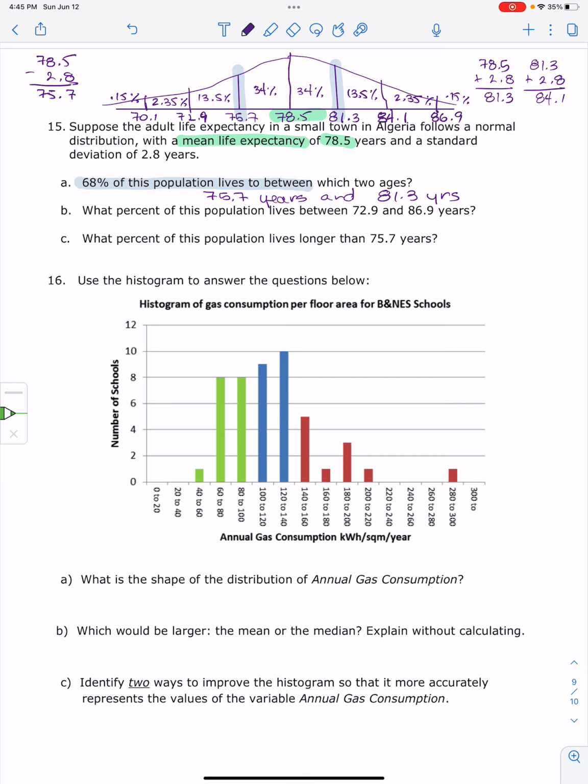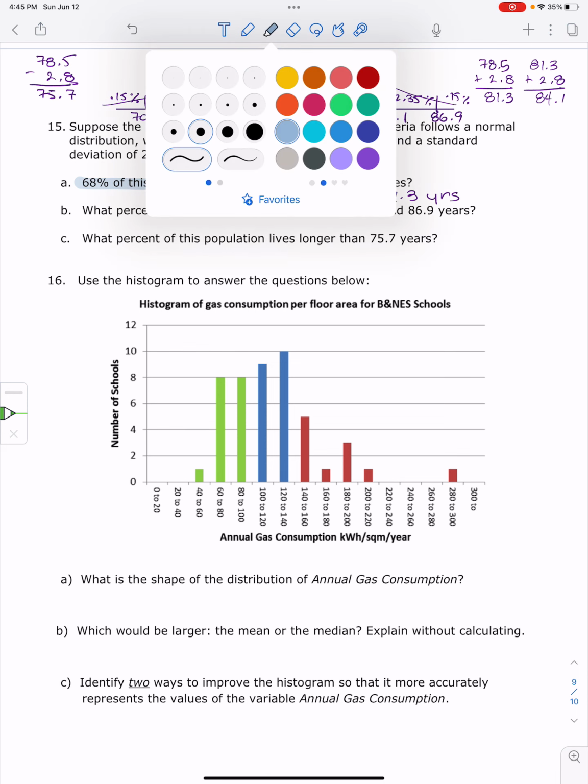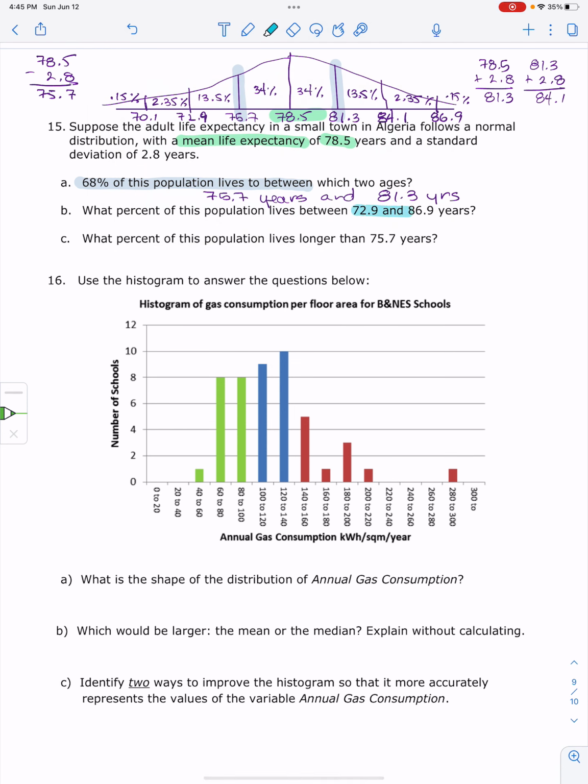What percent of the population lives between 72.9 and 86.9? So here's my 72.9. Here's my 86.9. And so I'm going to add up the 13.5. I got 34, 34, 13.5, and 2.35.